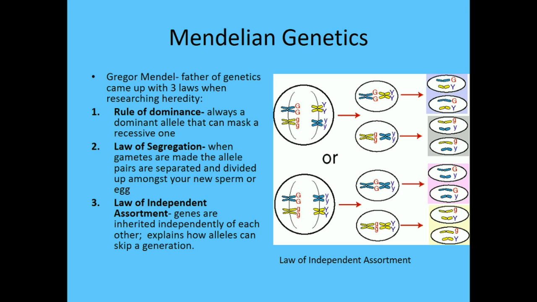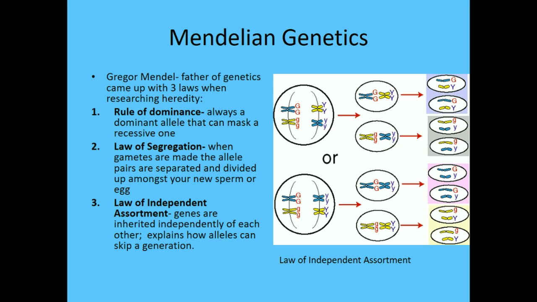That each gamete, or each egg or sperm, will end up with one copy, or one allele, and they're separated to create diversity. And then finally you have the law of independent assortment, and this talks about the genes themselves, that the genes are not going to be related, that they are sorted independently.